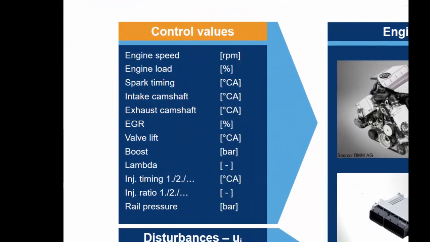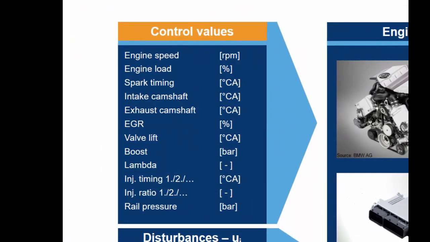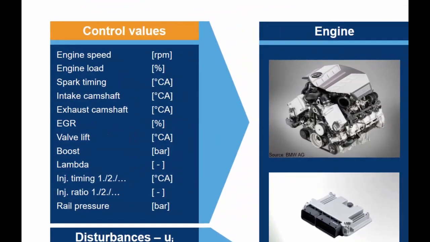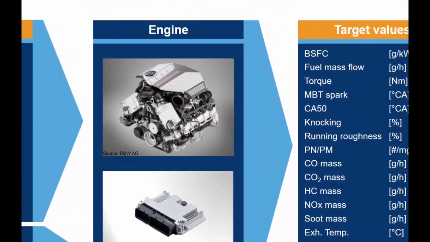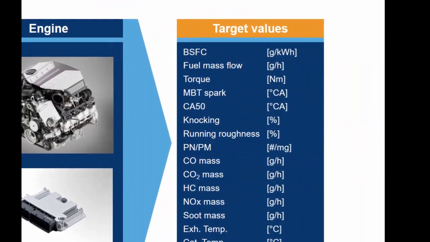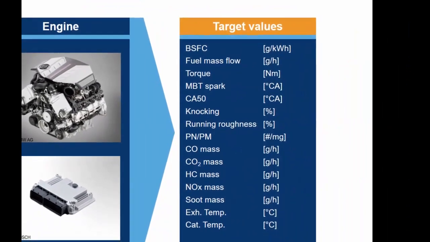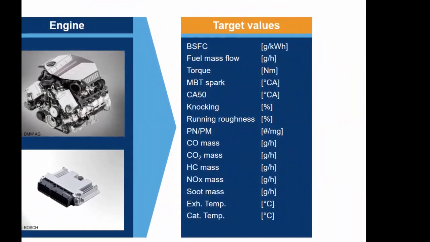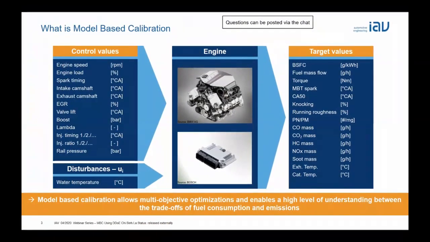The optimal setting for these variables, of course, needs to be done with the appropriate balance and trade-off for multivariate targets. These targets can range from overall fuel efficiency to specific emissions constituents or constraints on temperature for reasons of durability. Model-based calibration allows multi-objective optimizations and enables a high level of understanding between the trade-offs of fuel consumption and emissions.